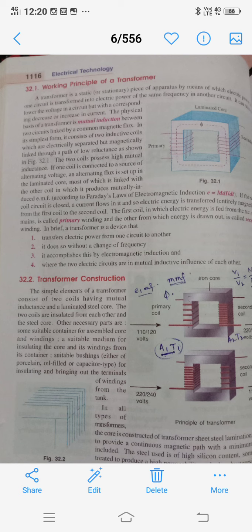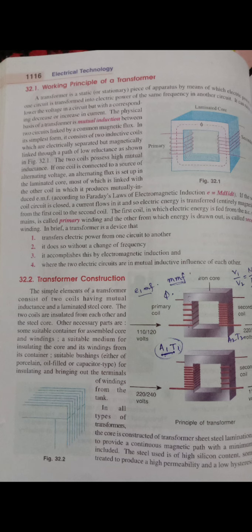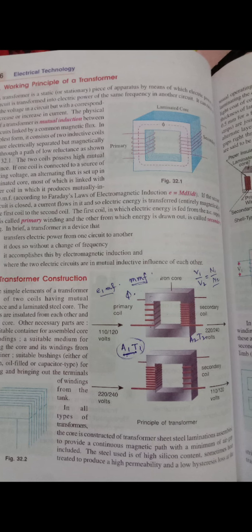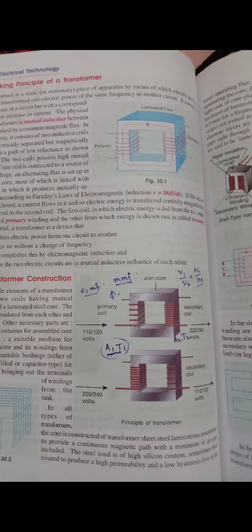So these are the transformer characteristics. Now, what is the construction of a transformer? It is clearly shown in this diagram. In the first picture, the primary coil side has very few turns, but the secondary coil side has very many turns. In the second picture, the primary coil has more turns than the secondary coil.